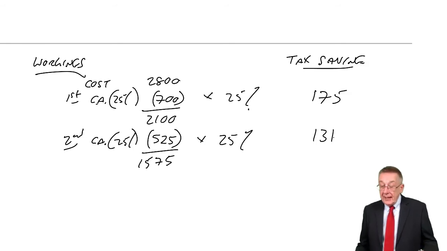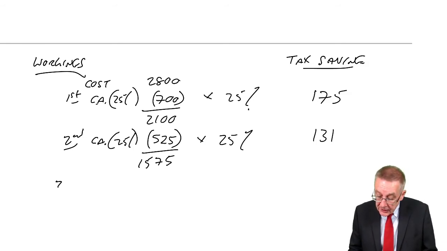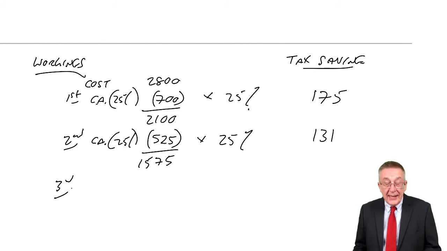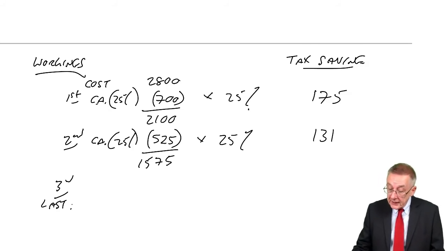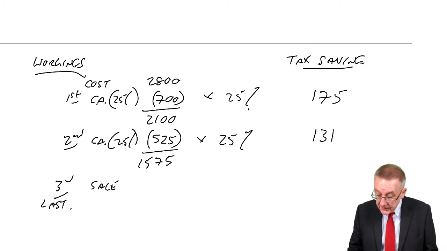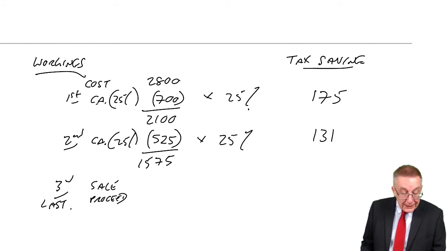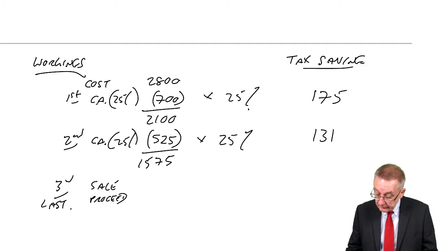This one again lasts 3 years, and so the third year is the final year. And in the final year, we simply deduct the sale proceeds, which are 1,000.